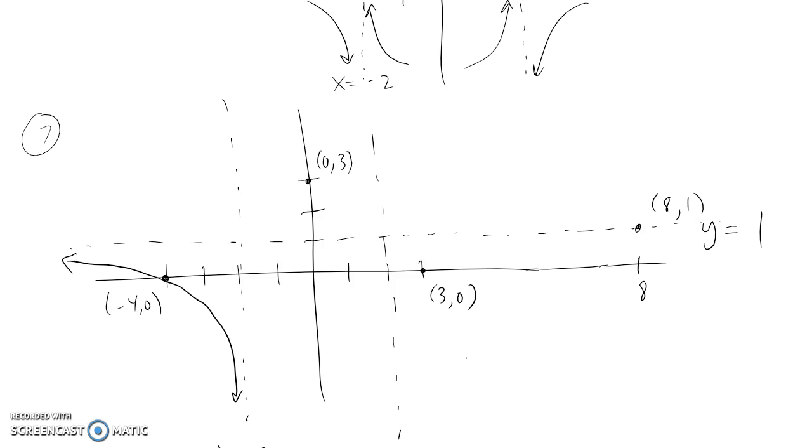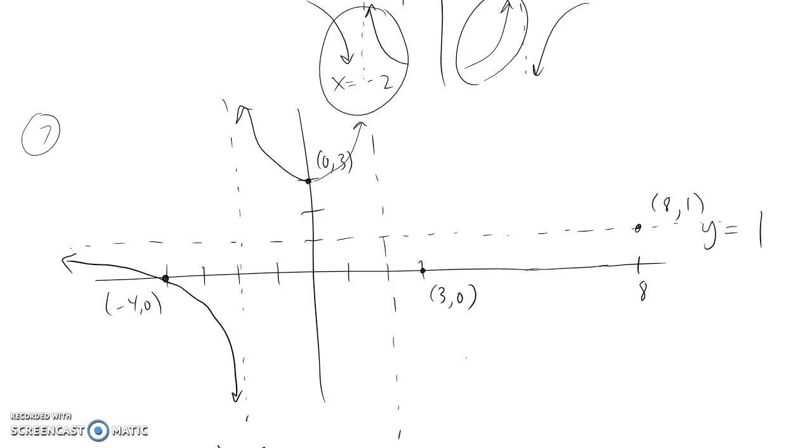I know that it doesn't cross anywhere except over on the right at (8, 1), so I know that it doesn't cross over here on the left. The function itself goes through (0, 3), and on the left of the vertical asymptote x = -2, we're approaching infinity. So we're going to go there. Then on the left of the vertical asymptote x = 2, it's approaching positive infinity.